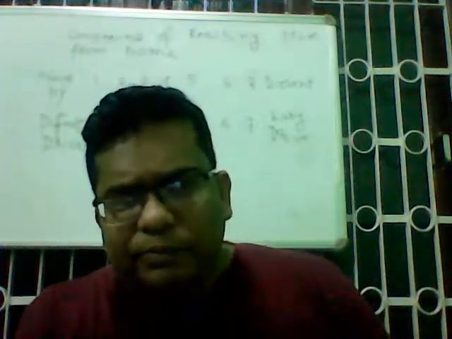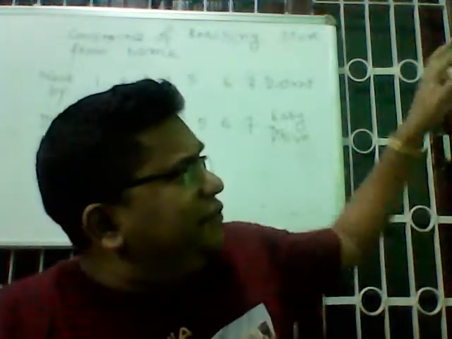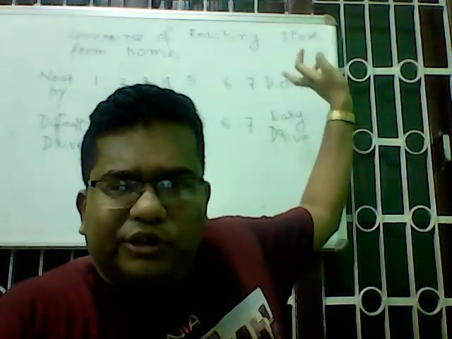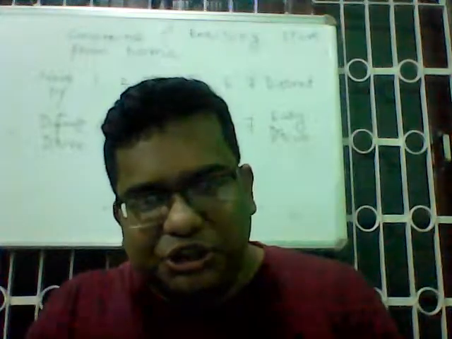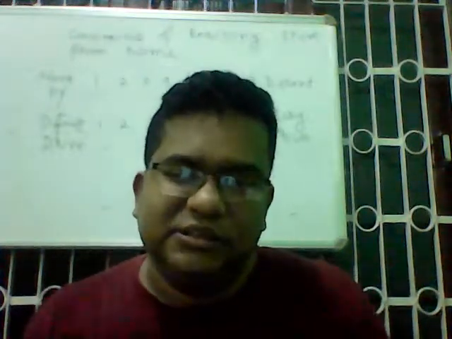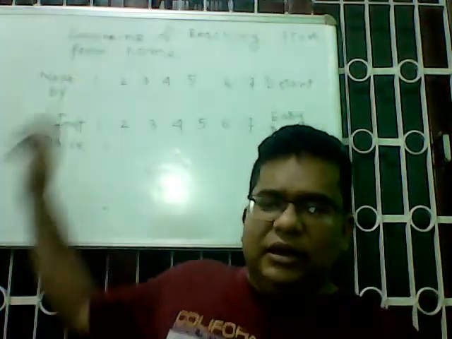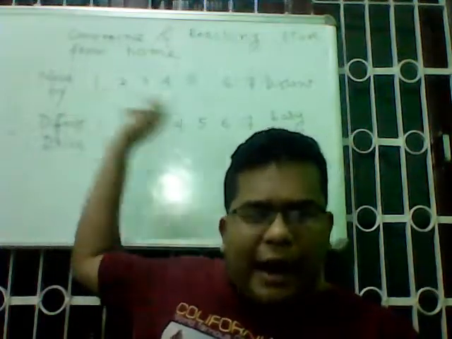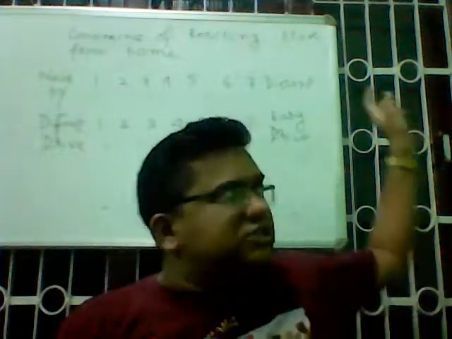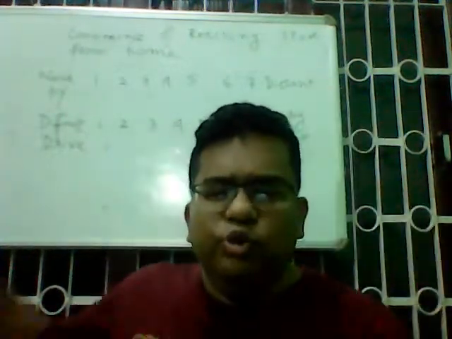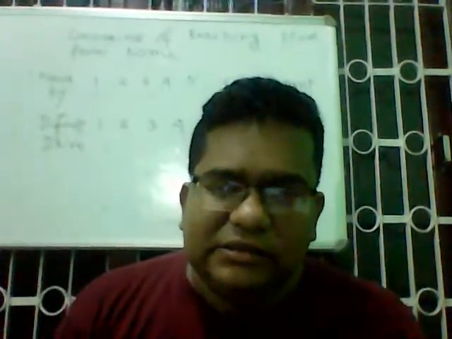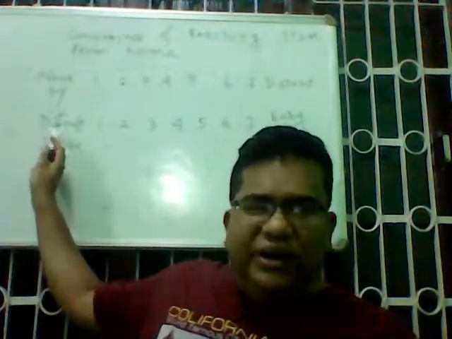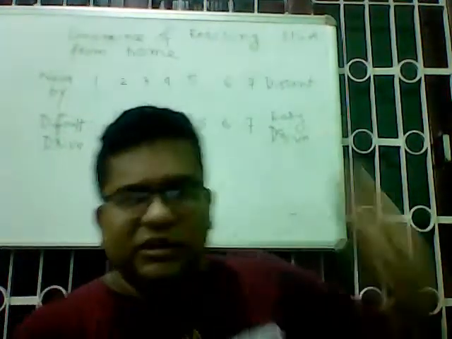Whereas if he gives a point of 6 and 7, then he expresses that the retail store is quite distant from his residence. So as the responses move to the right, it will tend towards this extreme and will move away from the other extreme. Similarly, in the second case, it is referred to as difficult drive or easy drive.